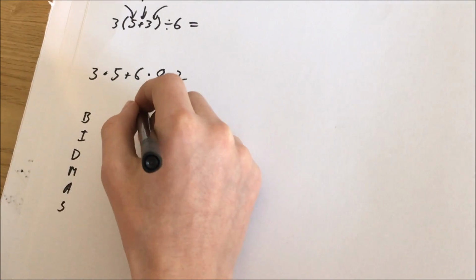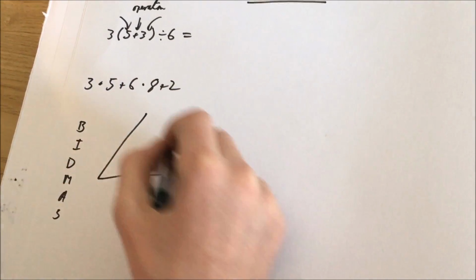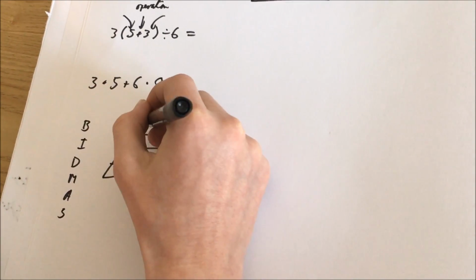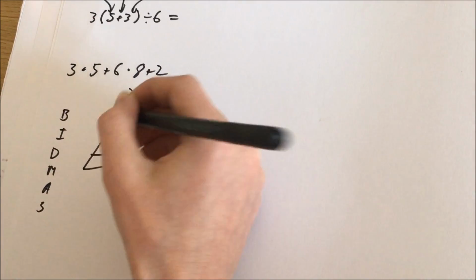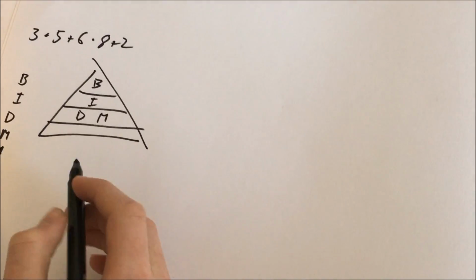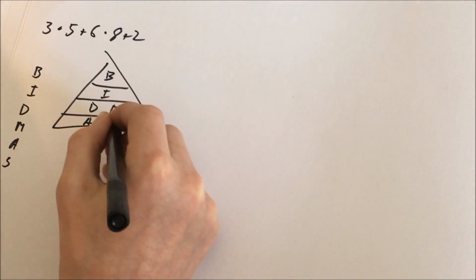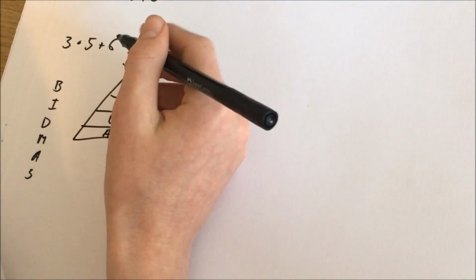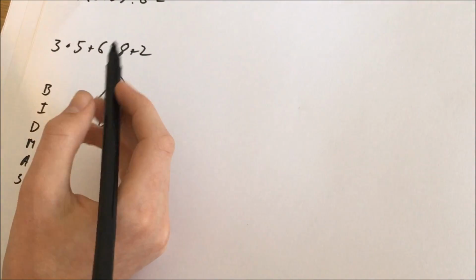I personally learned it as kind of like a pyramid, like this. And you have brackets at the top, indices, division and multiplication are on the same level, but you just do whichever one is leftmost, and then addition and subtraction are also on the same level for the same reason. So for example, this one, there are no brackets or indices.